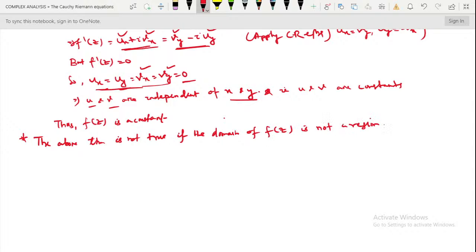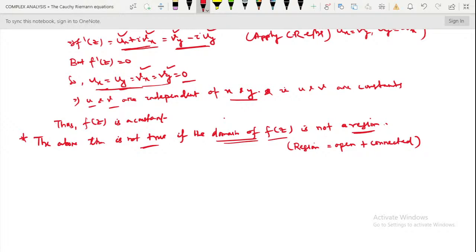So if its domain is not a region, then the above theorem is not true. And you know the meaning of region: a region is open plus connected. So if the domain of f of z is not a region, then the above theorem will not be true.